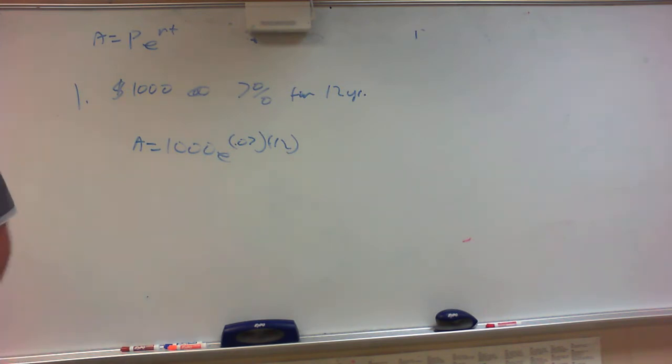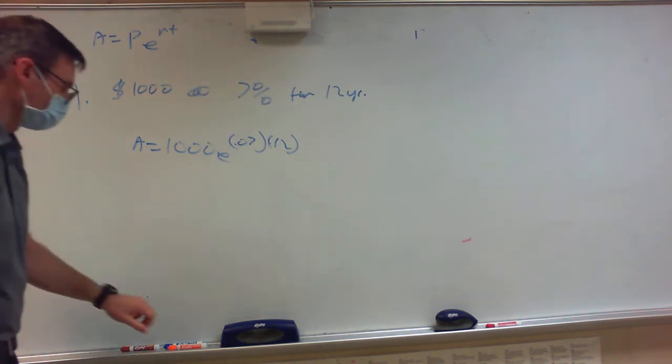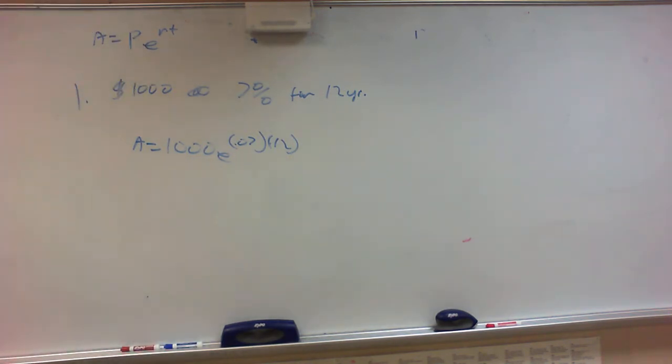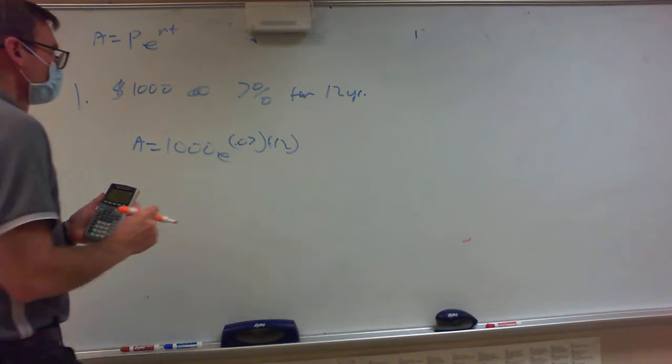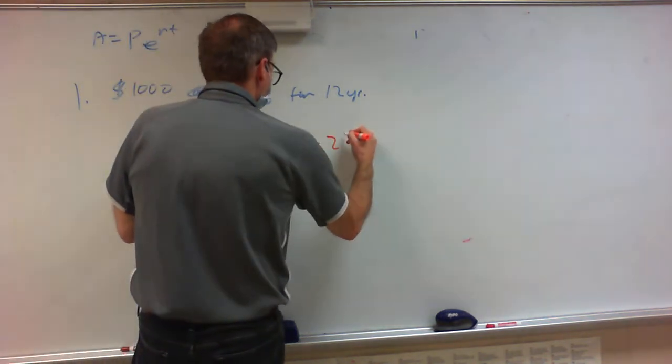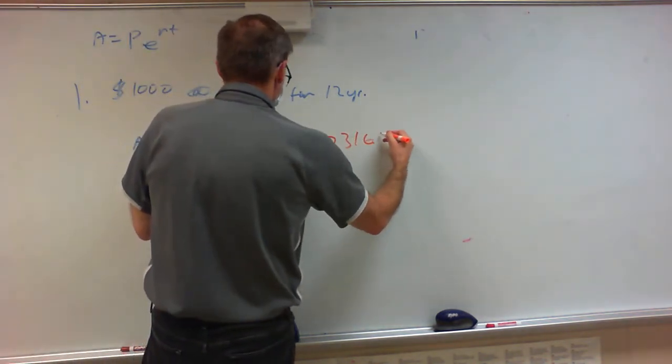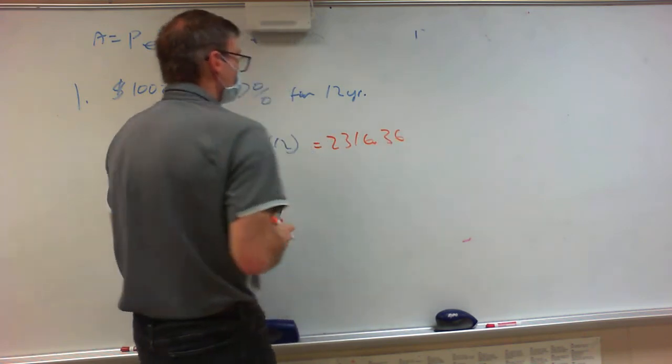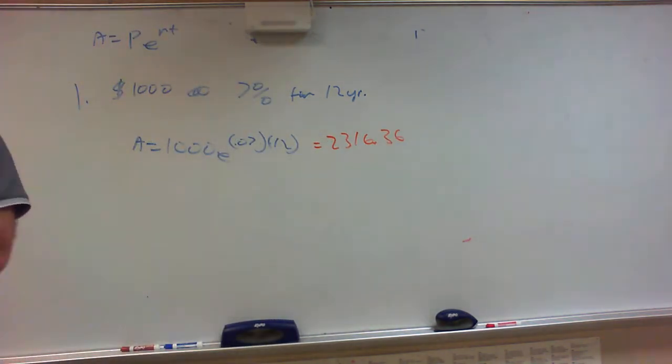What did we get? I got 2,316, and the banks never give me the round up. Everybody get that?